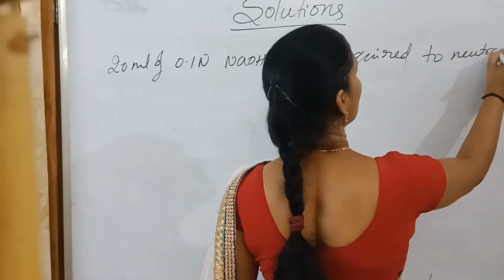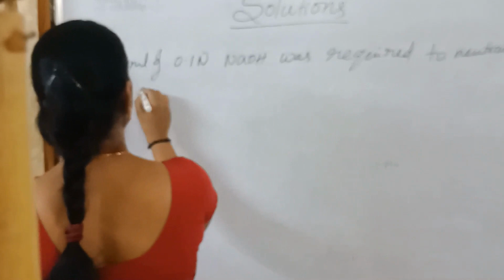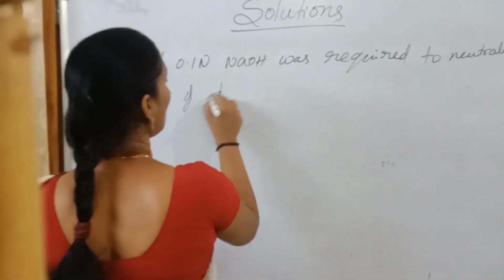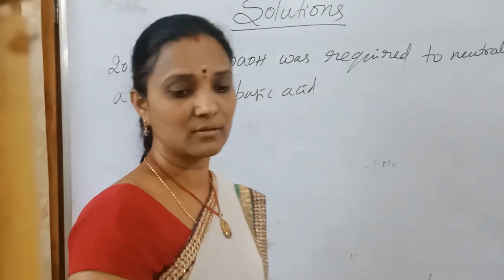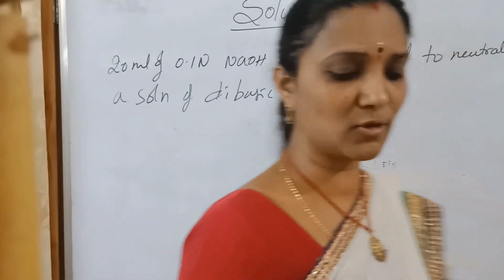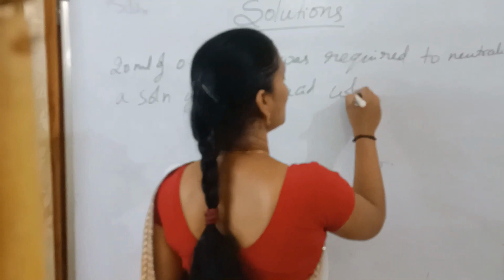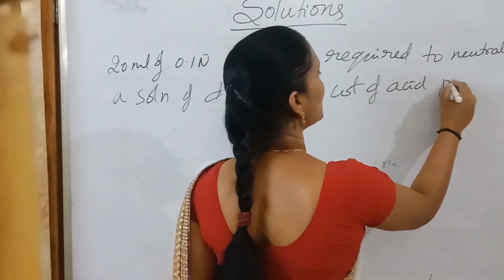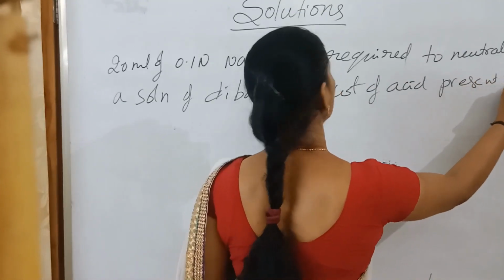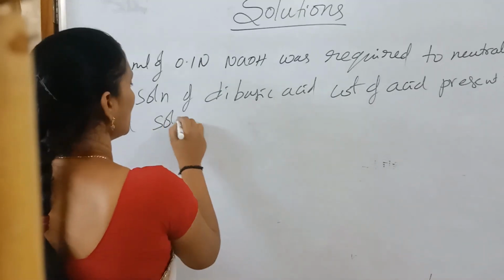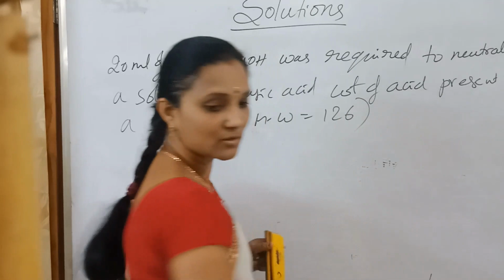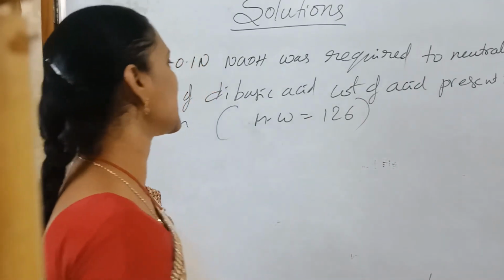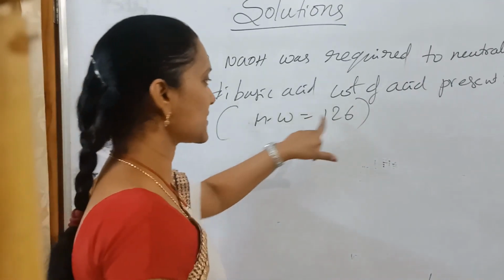What is the weight of acid present in the solution? The molecular mass of the acid is given as 126.